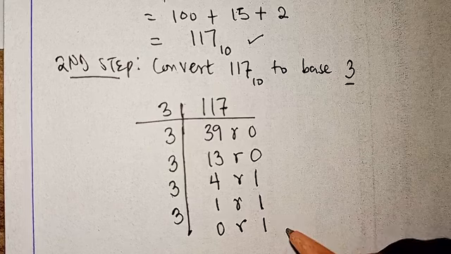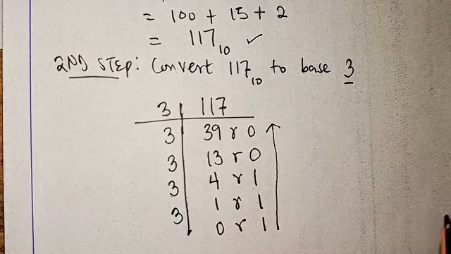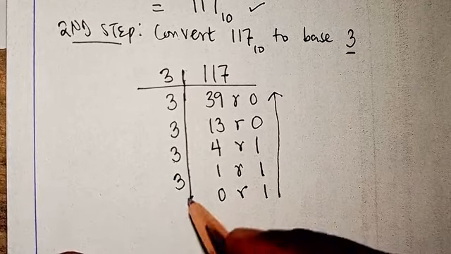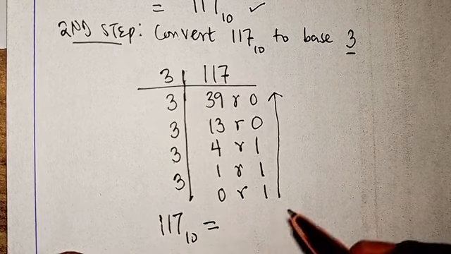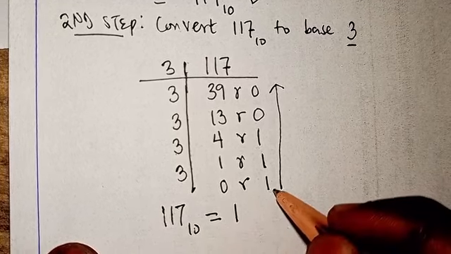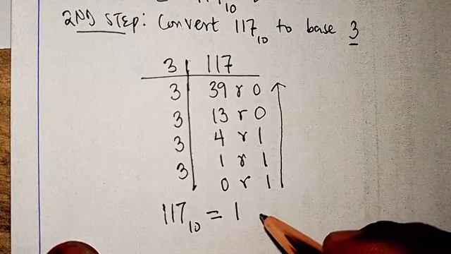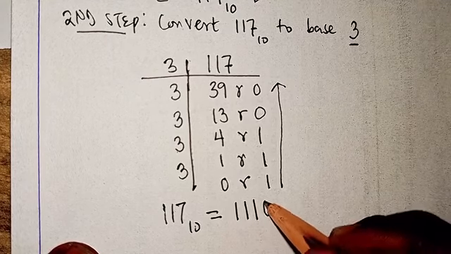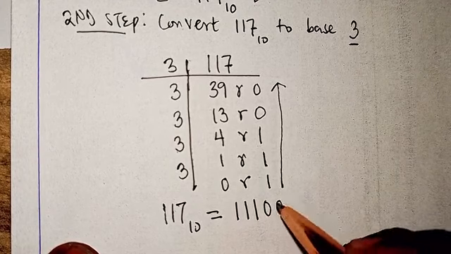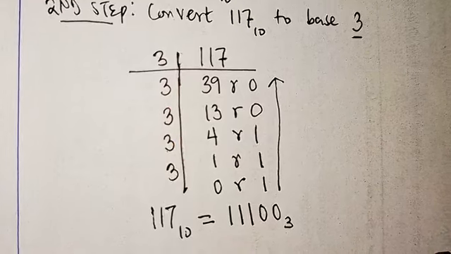Now from here, we take the remainders upward like this. That's how we are going to write it. Therefore 117 base 10 is equal to, starting from the bottom going up, 11100, and this is in base 3 because we divided throughout by 3.